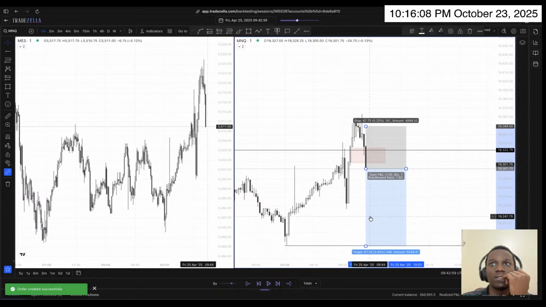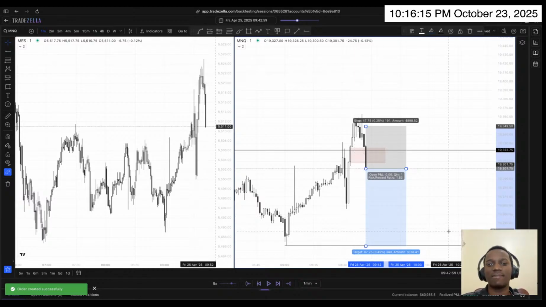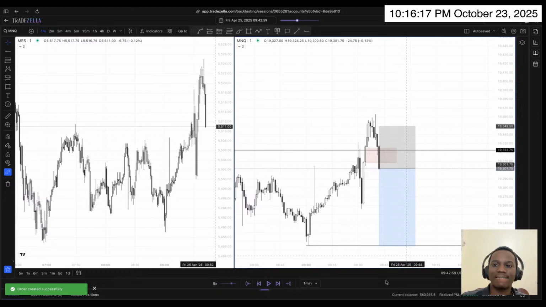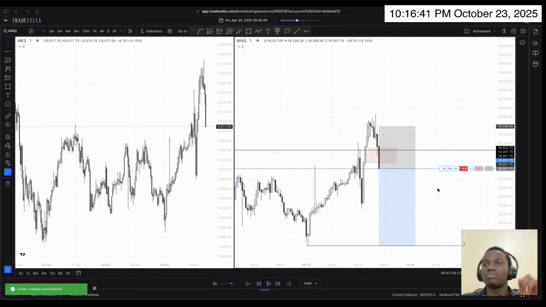This will be the target. 47 times 2, that's 94. 5 over 94 is 5. Why isn't it selling? Sitting waiting for the order that doesn't want to get filled.